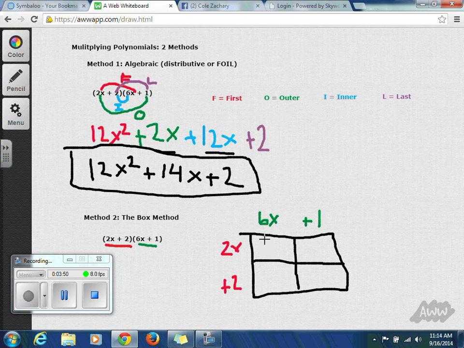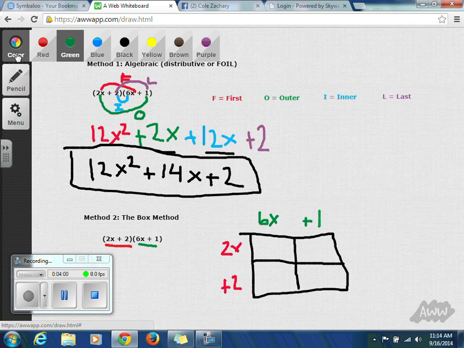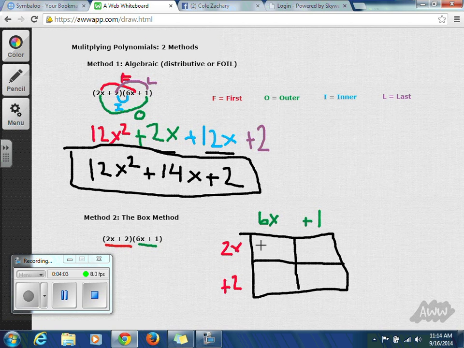So now what we have to do is on the inside, very similar to what we did just right here, we're going to be multiplying. 6x times 2x gives you 12x squared.